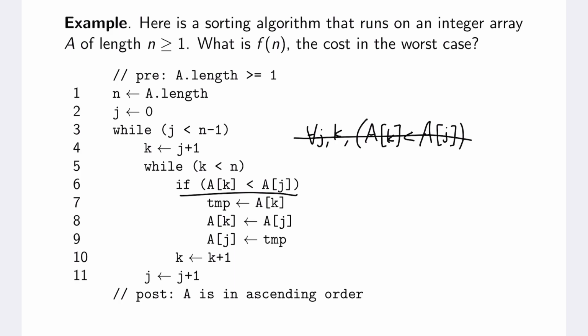So let's take a closer look at our variables. We see that k increments in the inner loop, and j increments in the outer loop. And now what do the values start at? J starts at 0, and then, I think this one's important. K starts at the value j plus 1.